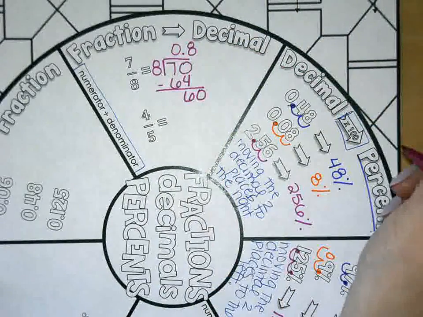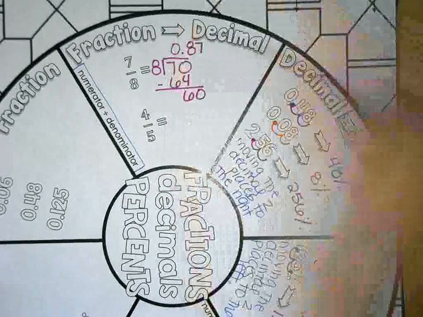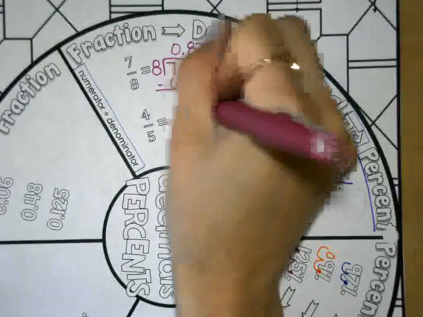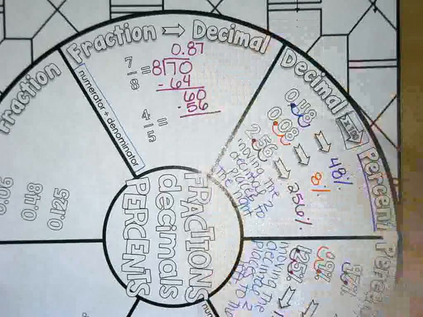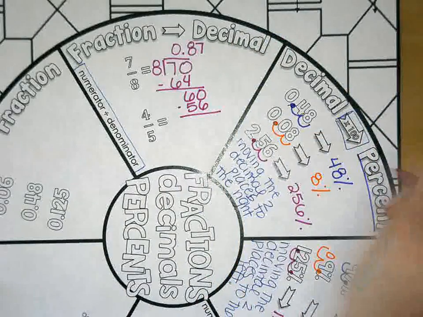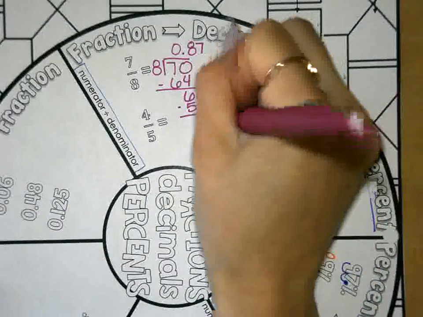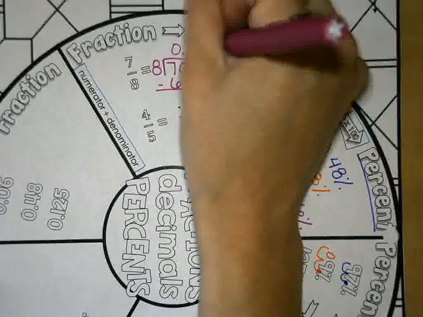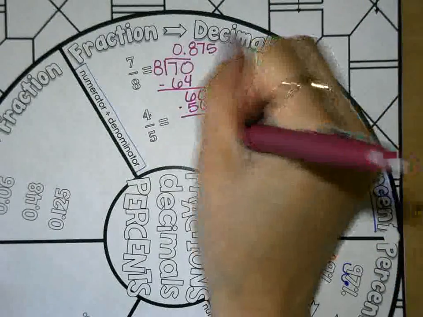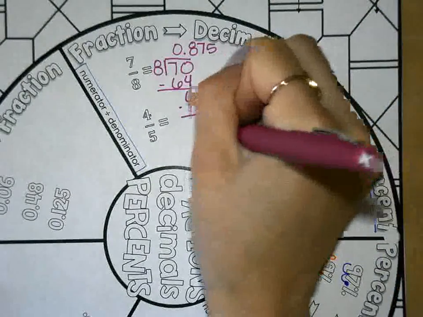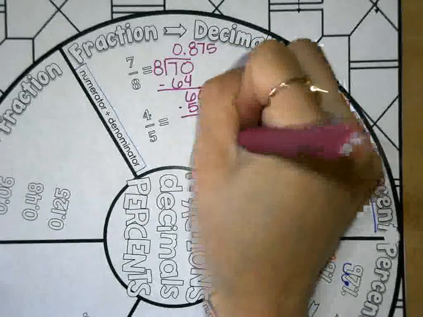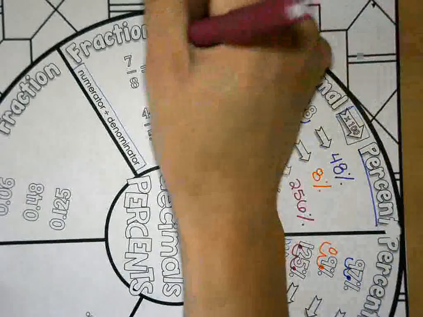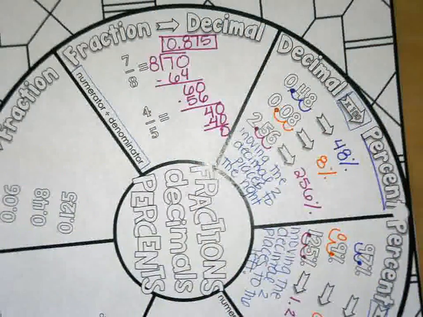Add a 0. 8 goes into 60 7 times. That's 56. 60 minus 56 is 4. Add a 0. 8 goes into 40 5 times because 8 times 5 is 40. So my answer as a decimal is 0.875.